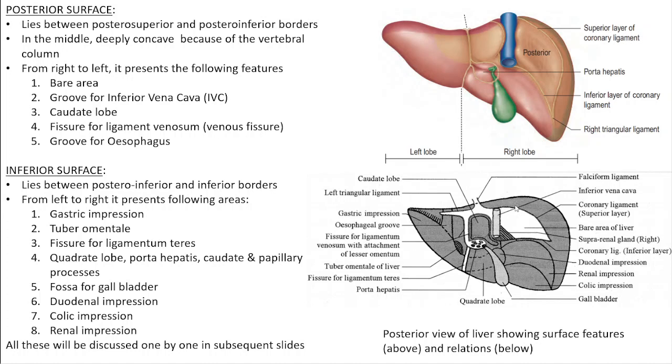What happens here is that the visceral peritoneum from the liver is reflected upwards onto the inferior surface of the diaphragm, or from here, from the liver, it is reflected backwards over the posterior abdominal wall in front of the right suprarenal and the right kidney and other structures forming the posterior abdominal wall. Right. So this area is directly in contact with the diaphragm.